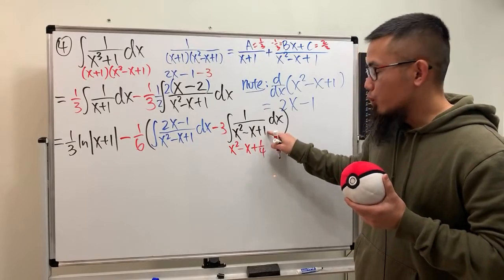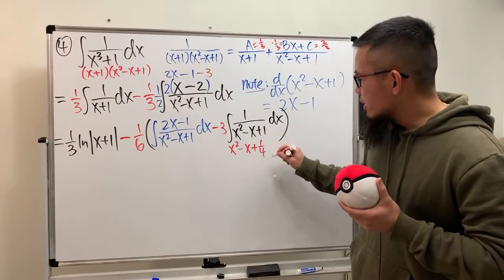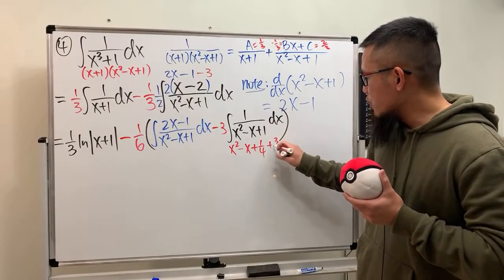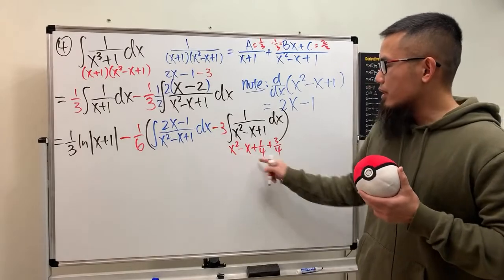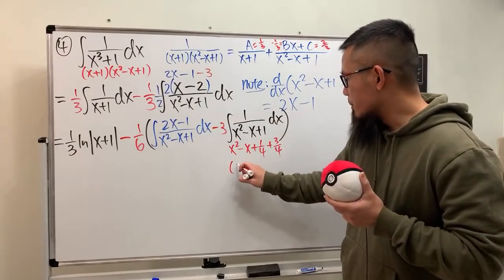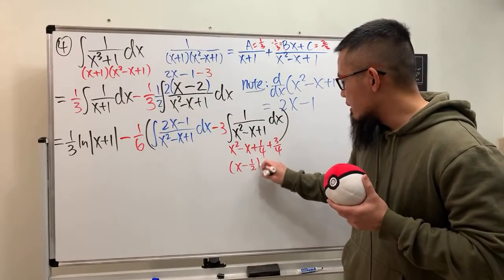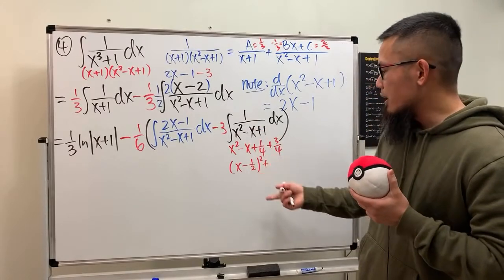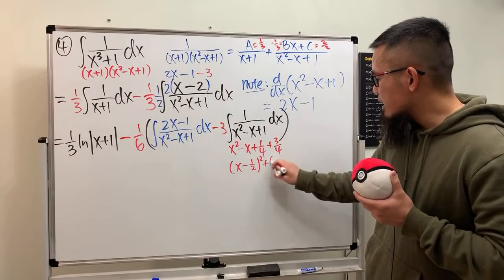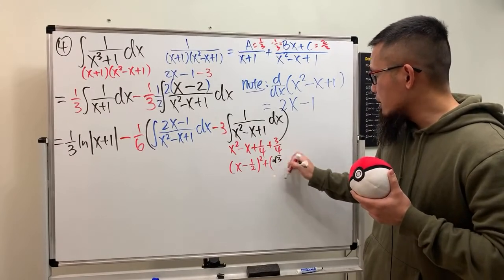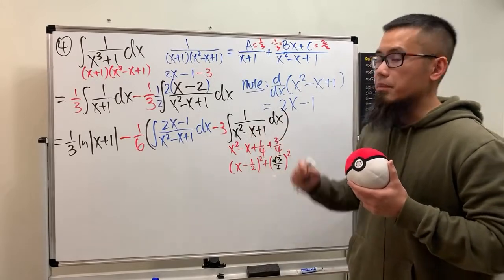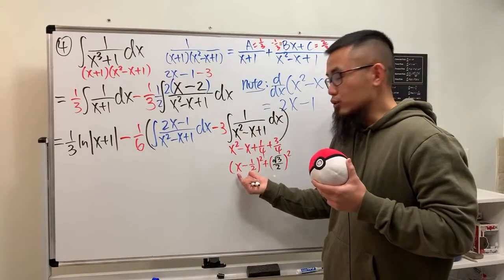But originally we have a plus 1, so technically break it down as 1/4 plus 3/4. This right here is a perfect square: x minus 1/2 squared. And because we will be using the inverse tangent formula again, we put this inside as square root of 3 over 2, and then squared. So this is the same as that. And again, you can just do u sub in your head.